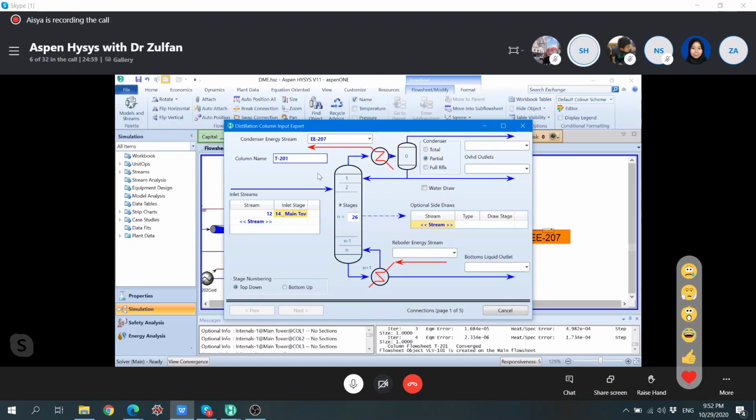I will just let you figure that out. Total reflux, sorry. Is it total, partial, or full? This is total, because everything is liquid. Yes, exactly, because everything is condensed to liquid. So it's total reflux.